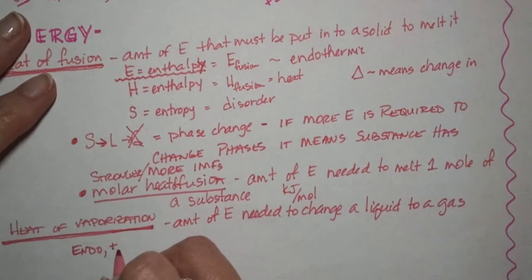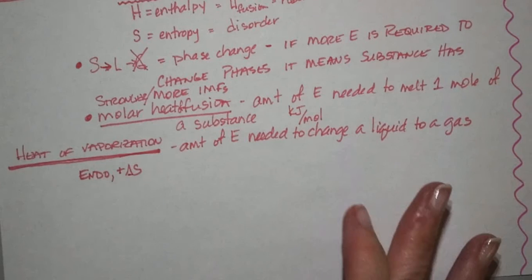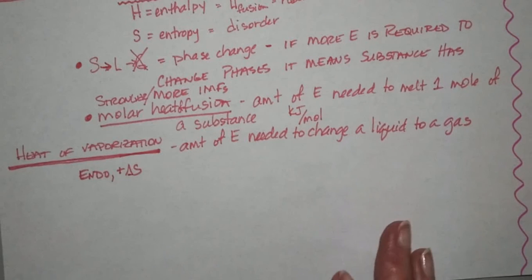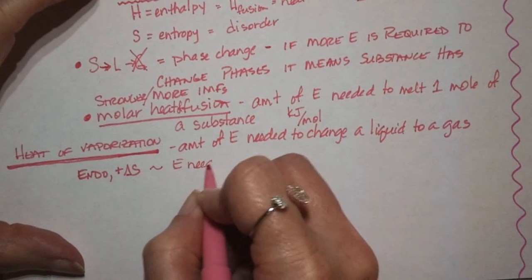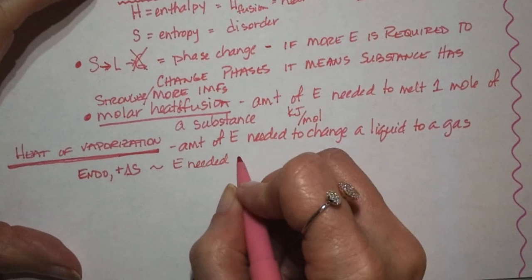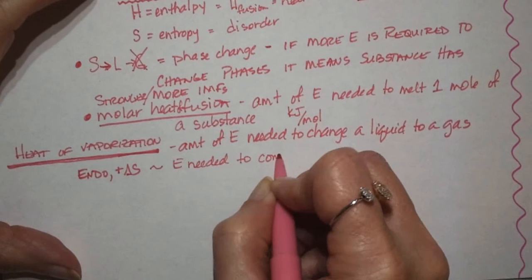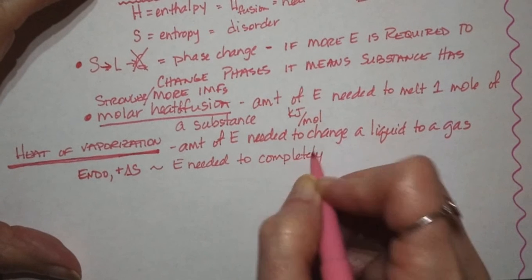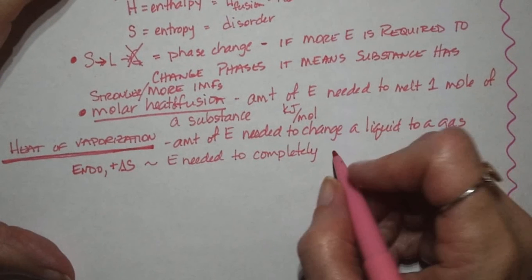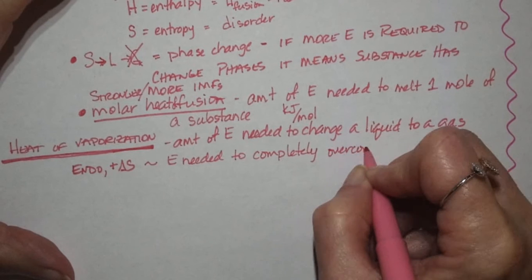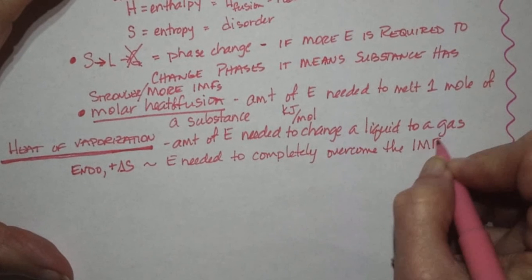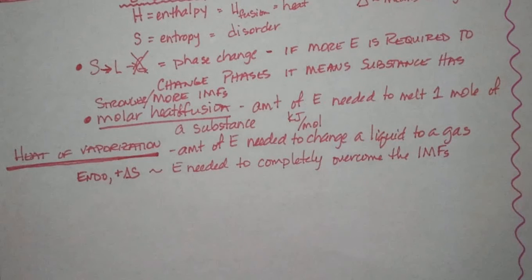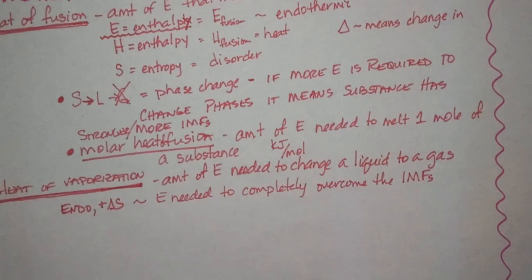And really, it's the energy needed to completely overcome the IMFs. Again, it's all about IMFs, the intermolecular forces. We know the strongest intermolecular forces are going to be in solids, but they're absolutely non-moving, so we don't usually talk about them a whole lot.